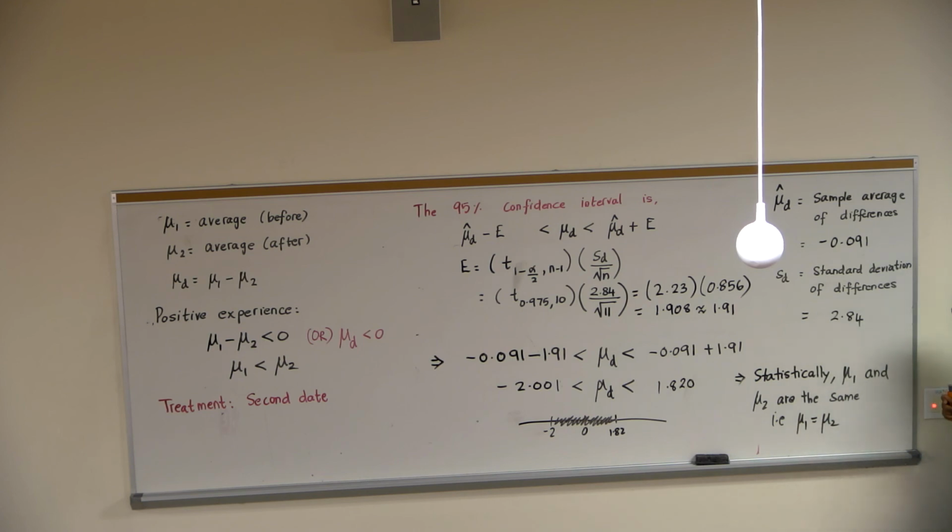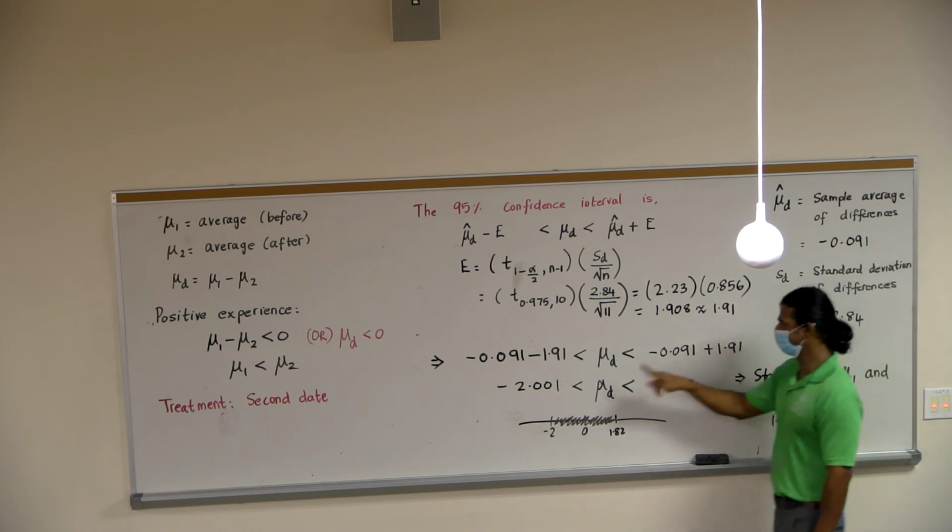Earlier, when I wrote that step, I mentioned that I know the answer already, that we will not be rejecting the null. How did I know that? I thought of mu hat d, right? And that value is close to 0. Agreed? Yes. And how do we form this interval?